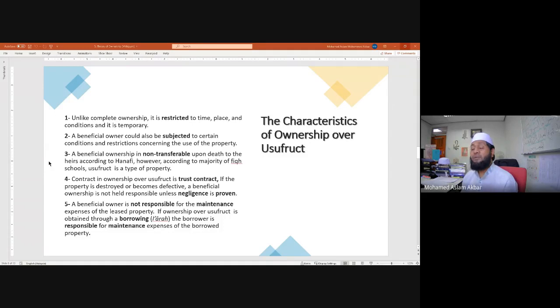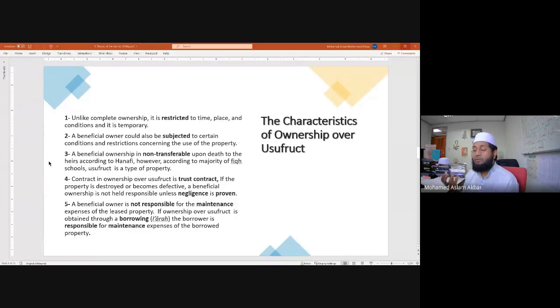Okay, so this is what we call usufruct. We are talking about all this because we need to understand that when you talk about ownership, it is not only the ownership of the property or the car. Here we are also discussing the ownership of a particular time, a particular condition.